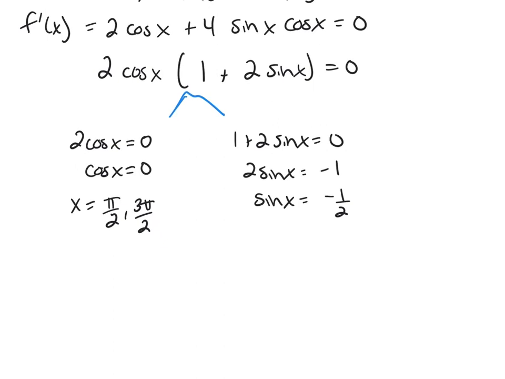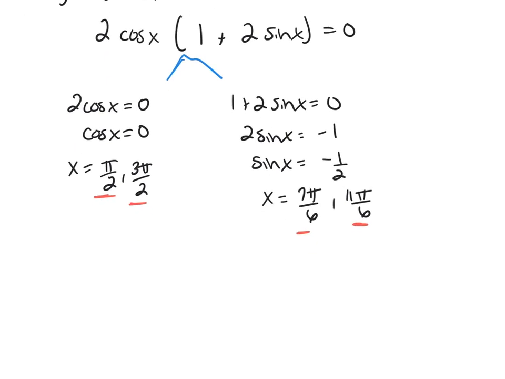So my two solutions there, x could be 7 pi over 6 or 11 pi over 6. And so now I need to take these four numbers, and then my two endpoints, which are 0 and 2 pi, and plug them all into my function.